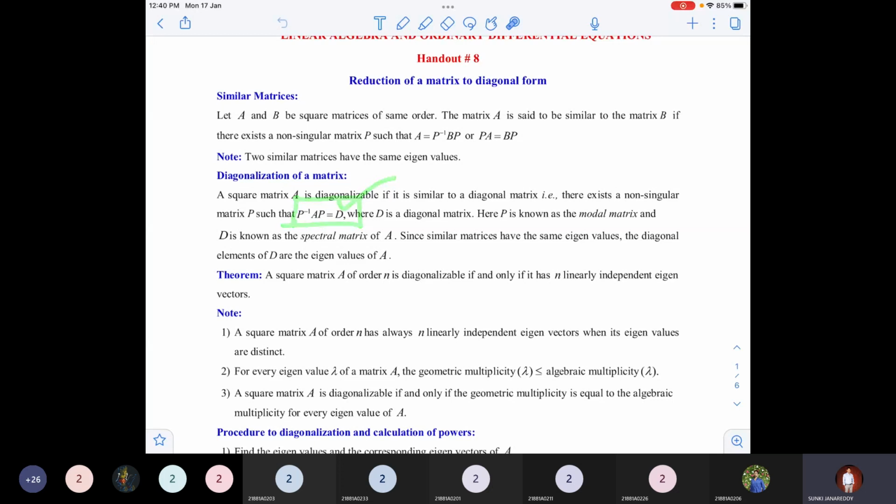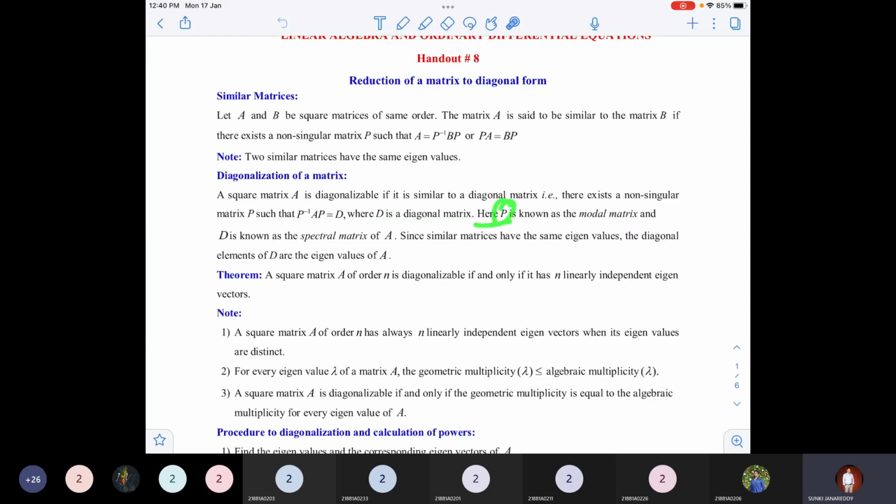We use this only to find the diagonalization matrix. Here D is a diagonal matrix. What is a diagonal matrix? Except the principal diagonal elements, all remaining elements are zeros. That is a diagonal matrix.